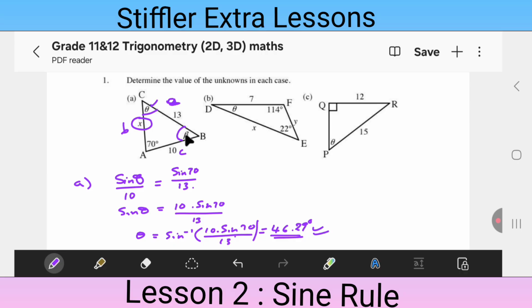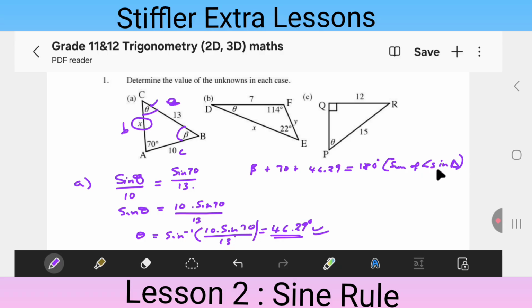Let's move to the value of beta. As you know, this is a triangle, and each and every triangle has 180 degrees. So we can say that beta plus 70 plus 46.29 will be equivalent to 180 degrees. The reason being the sum of angles in a triangle.